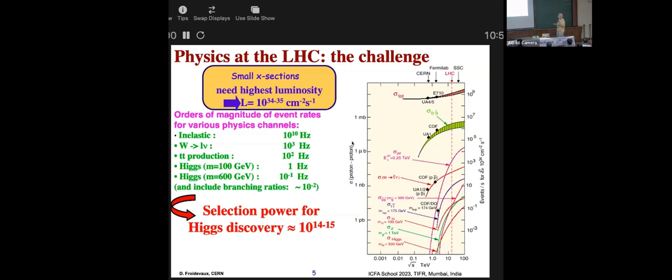The LHC was 20 TeV in design. And of course, it's never going to be 20 TeV. It's at 13.6, so it's slightly below, and it started even lower, right? At 7 TeV, even below 10 TeV. And the Higgs at 500 GeV has, of course, an even smaller cross-section, irrelevant today. And then you have all the background processes, which are shown here, and in particular, the jet cross-section, which is many, many orders of magnitude above the Higgs cross-section.